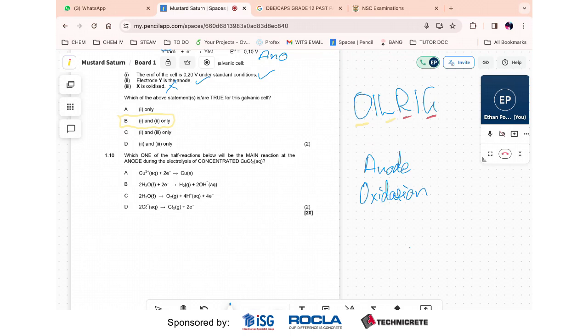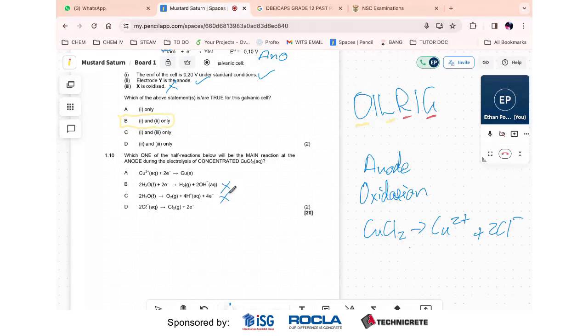Copper chloride would dissociate into copper 2 plus and 2Cl minus. With that in mind, we can already eliminate the majority of these reactions that involve water because there's no water in our system.